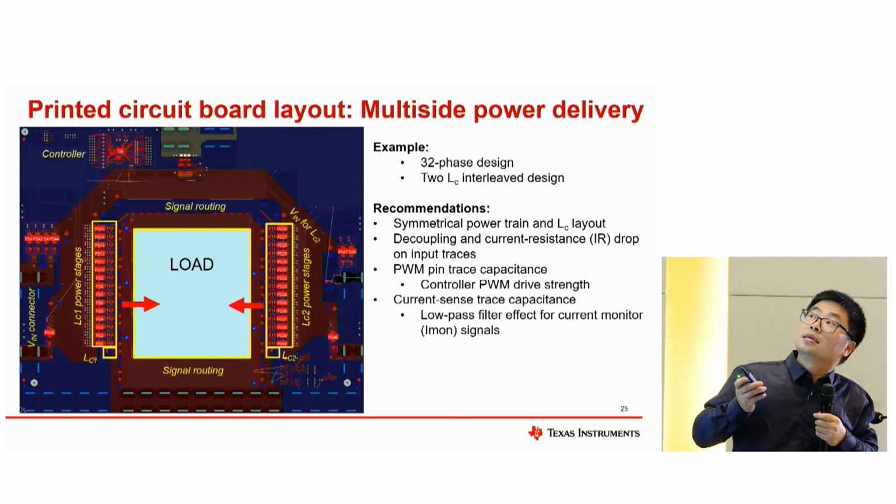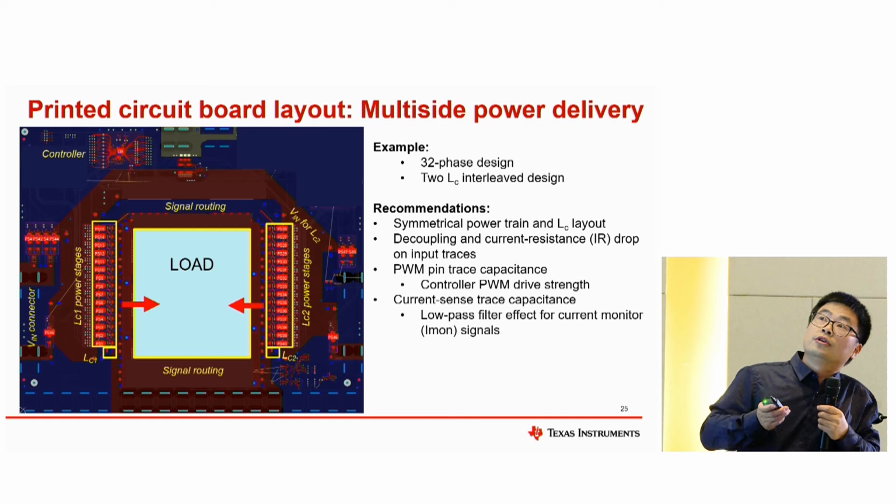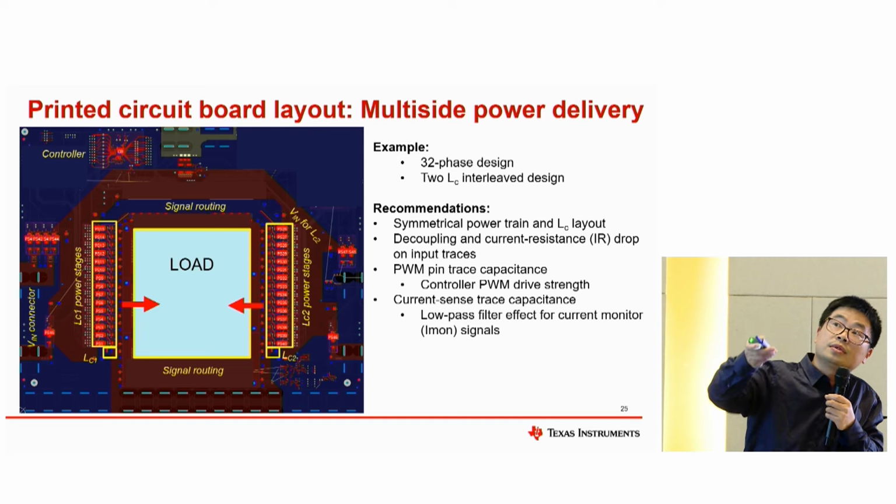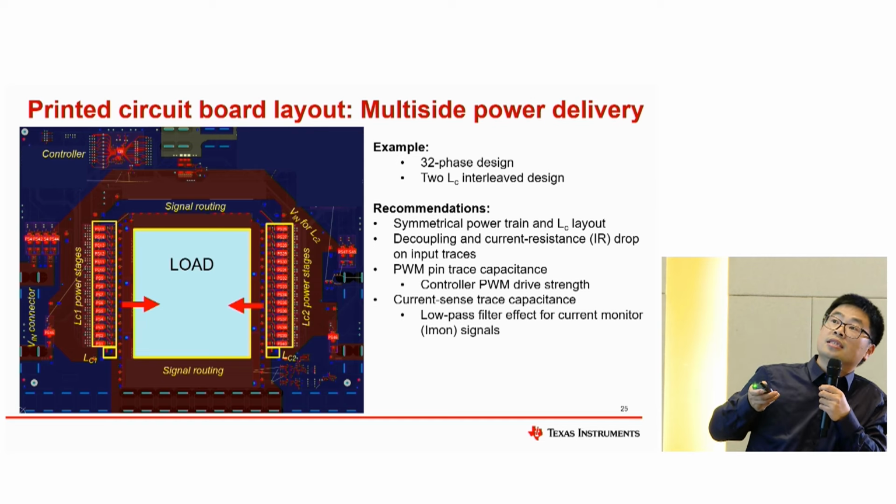And this is the layout of a real design. This is the load, the MCU, and this is the interleaved phase design. This is half of the phases, and this is the other half, making an interleave here, and the controller is at this part.